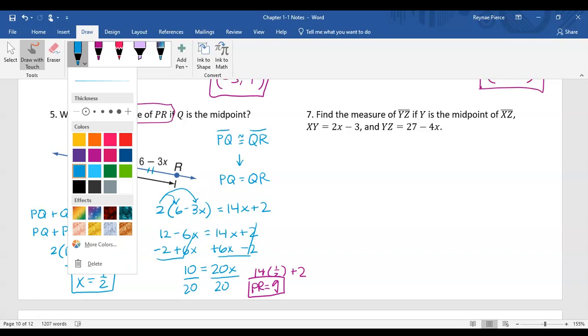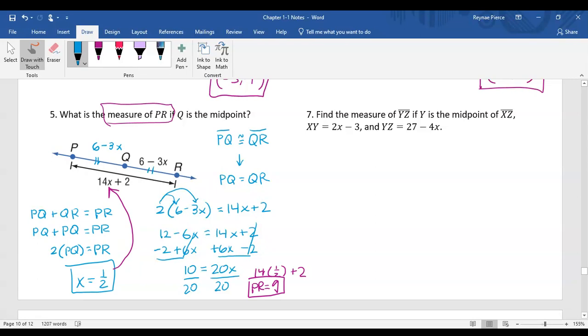All right, this last example, we just need to draw our picture. It says that y is the midpoint of xz, which means xy is congruent to yz, so their lengths are equal.